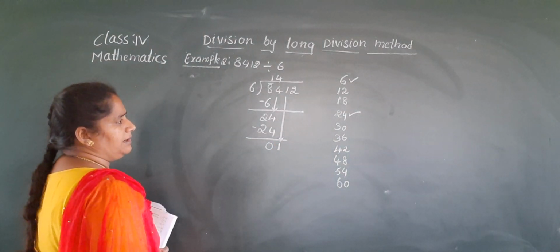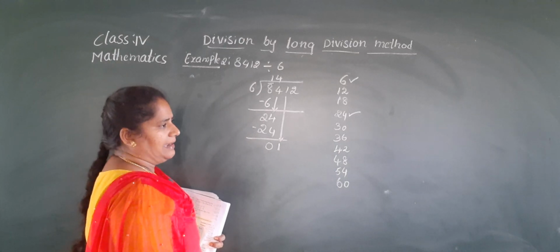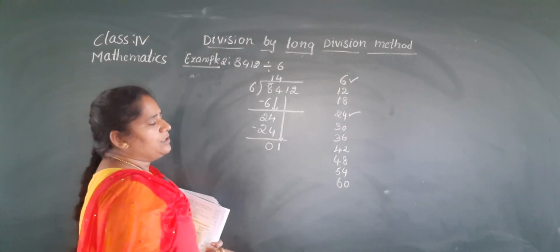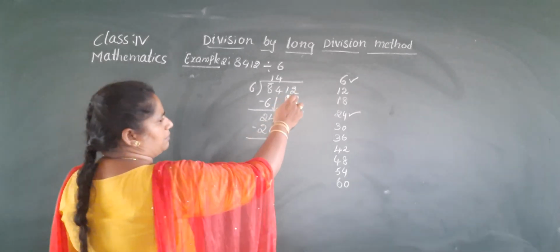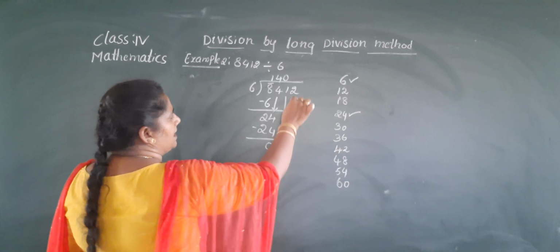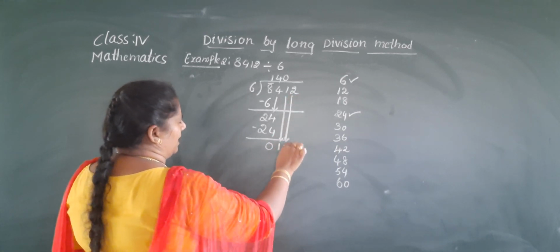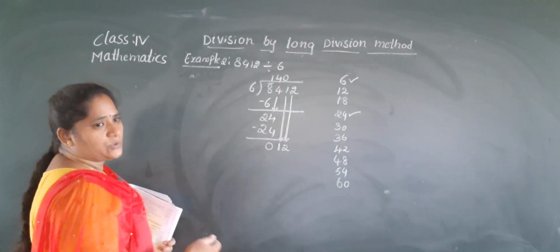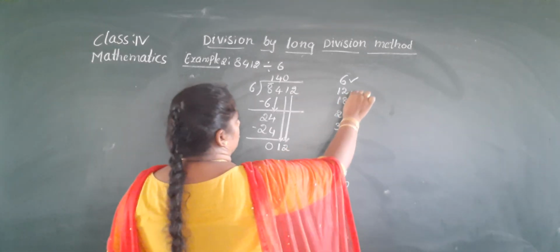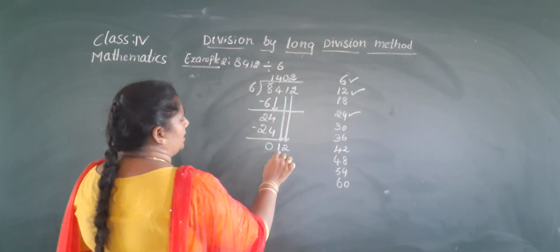Okay, so 1 we can't divide by 6. It's the smallest number. So in such cases, you have to take down one more digit, so you keep 0 in the quotient's place and take down the next one. Now the number is 12. How many times do we get 12 in the 6 table? 2 times. 6 2s are 12.